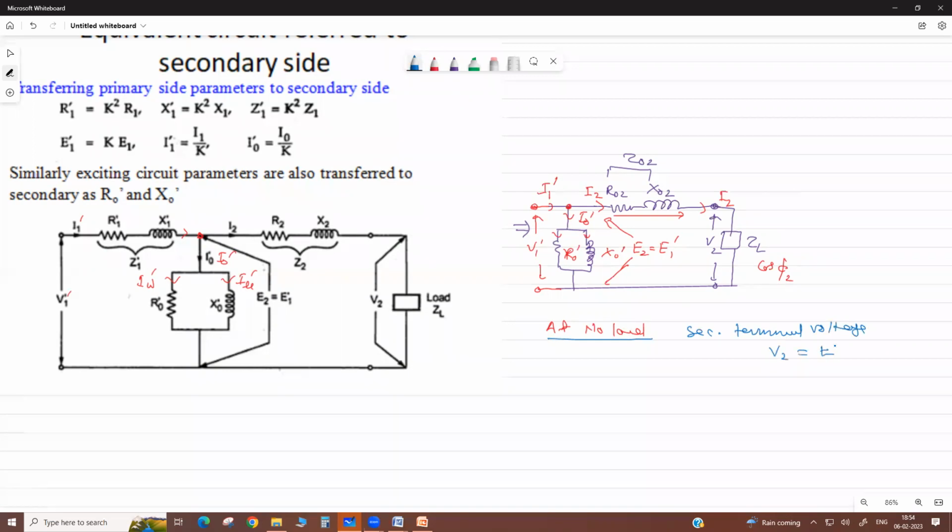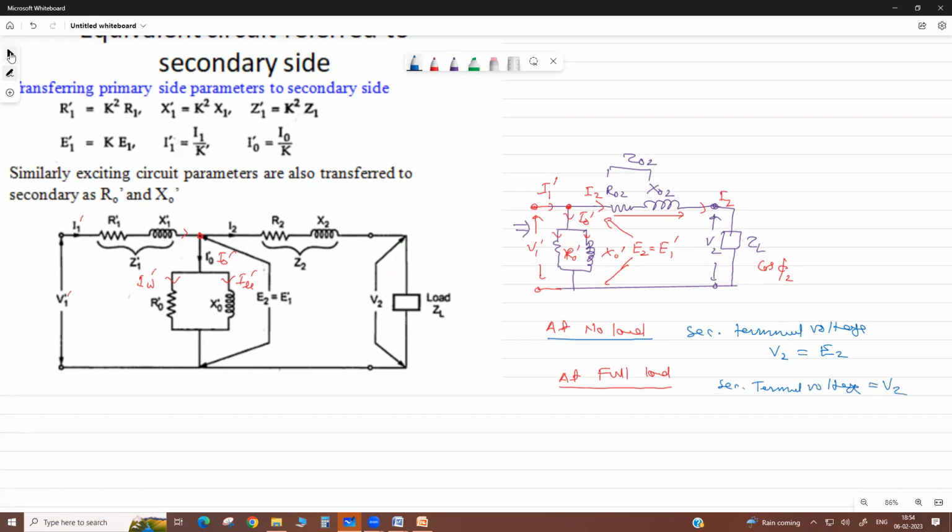V2 equals E2 at no load. But at full load, or at load condition, we take rated load, and the secondary terminal voltage equals V2.